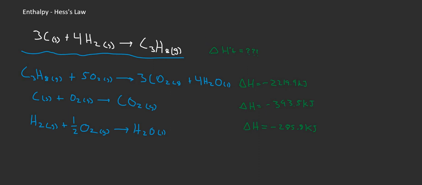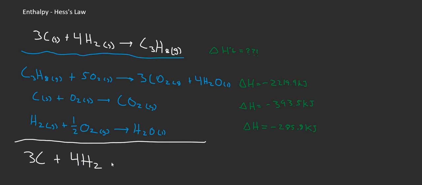So what I'm actually going to do is rewrite our final reaction below, because that'll help us to see what we need to change. Because it's sort of like a little puzzle where you have to look at what needs to go where and what needs to be multiplied by something. So that might sound a little weird at first, but hopefully it'll become a little clearer.